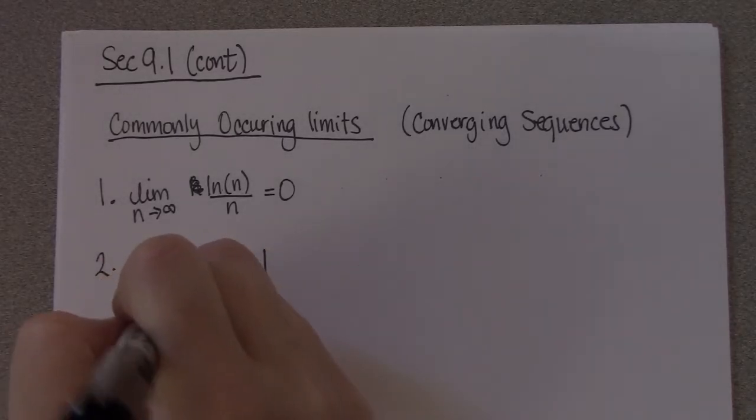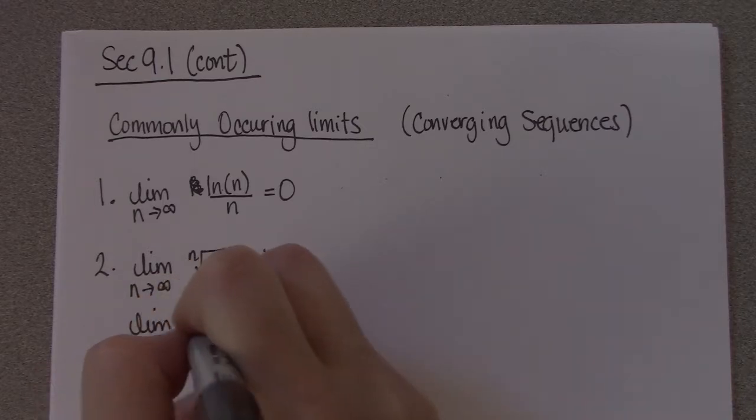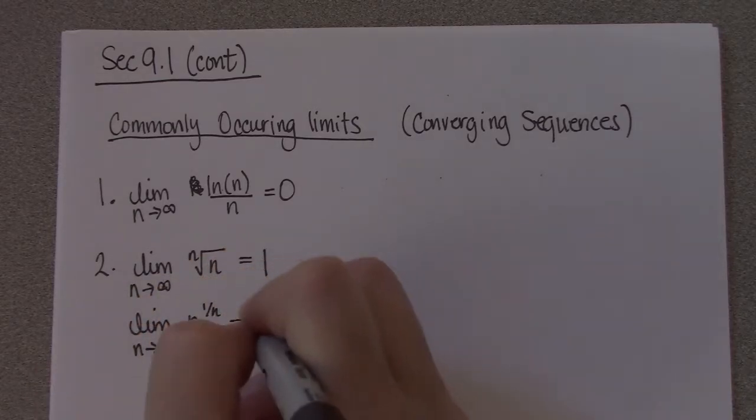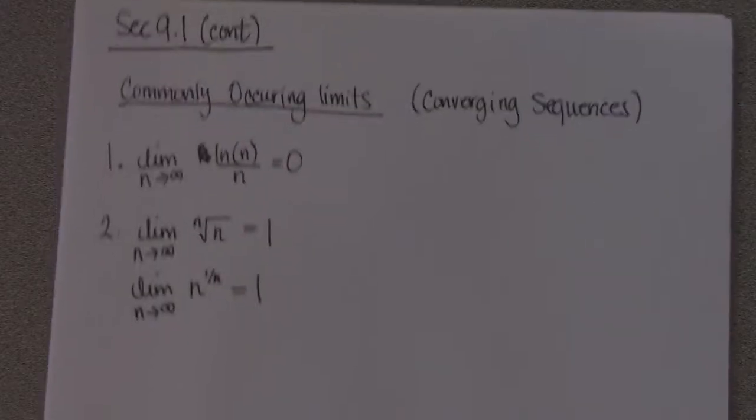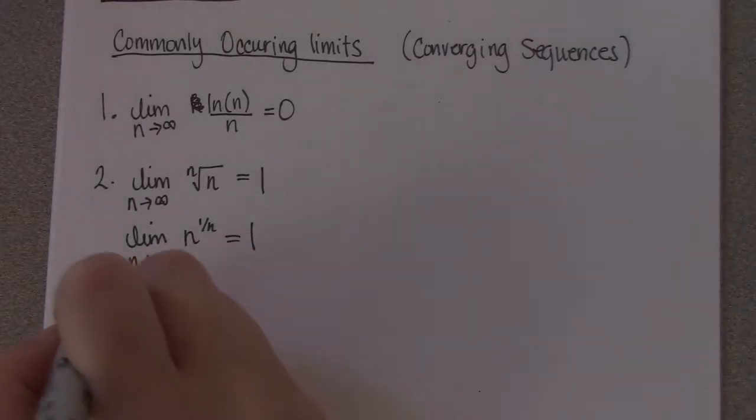Another way of seeing this written is, remember, we can rewrite radicals with fractional exponents, so it's the same thing as saying the limit as n raised to the 1 over n goes to 1. Clearly, if we wanted to prove this, because we have a variable raised to a variable, we'd have to do that natural log trick again, like we did with the e expression, right?